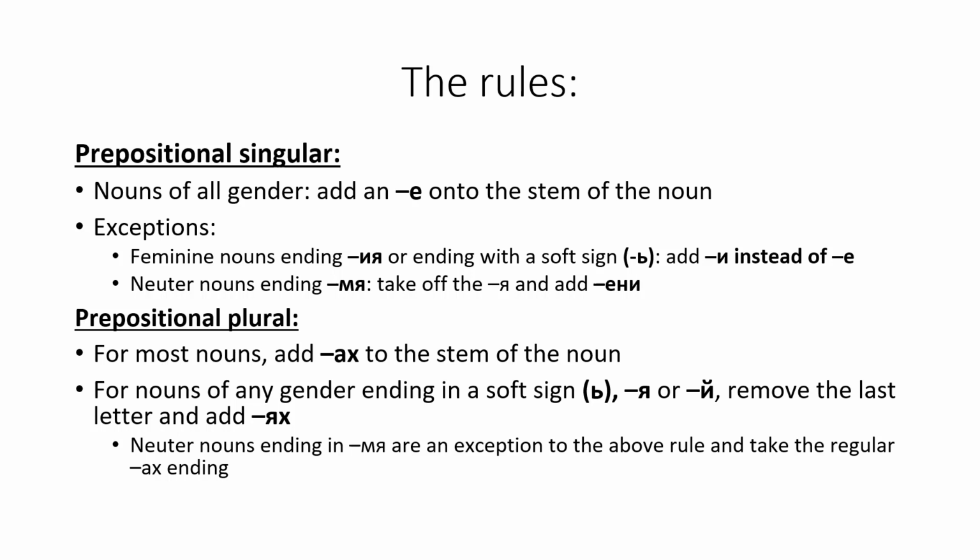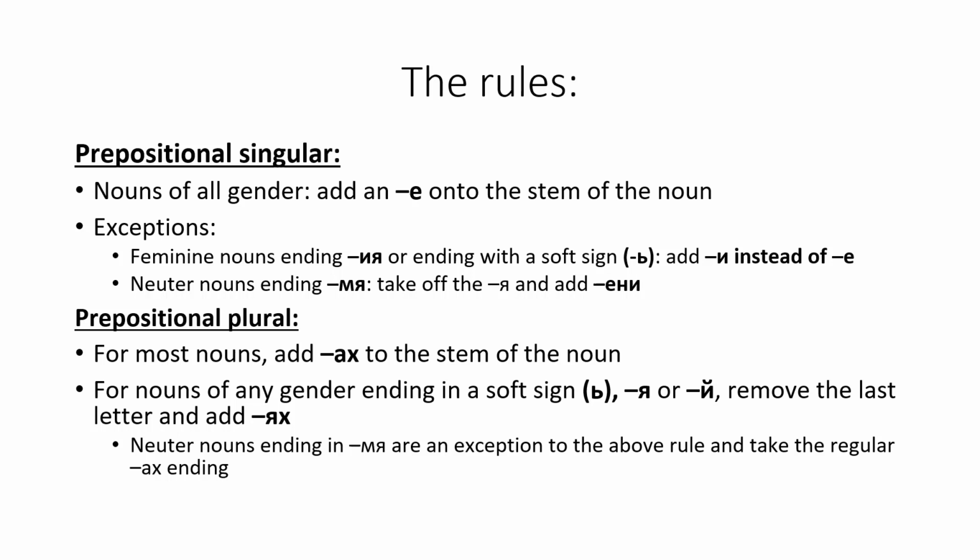The other exception is neuter nouns ending with mia, such as imya or vremya, and they have that funny ending of adding n onto the stem, and then whatever the ending may be. So imya goes to imeni, vremya goes to vremeni, and so on and so forth.